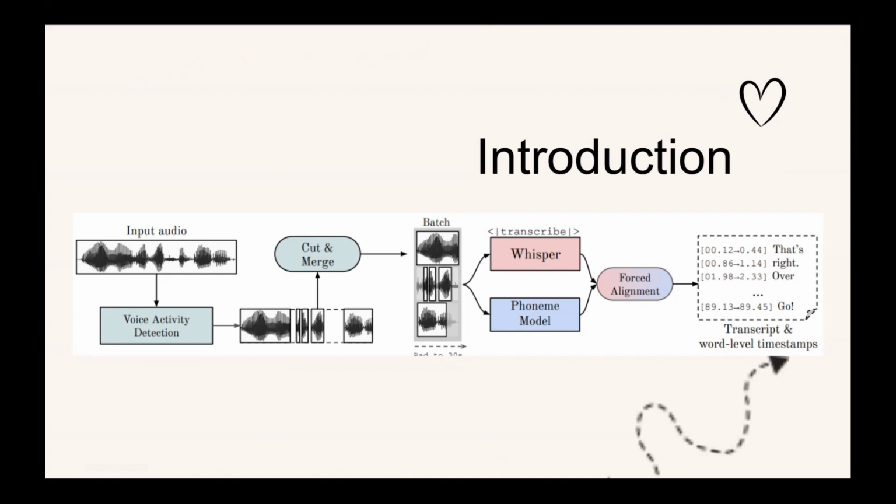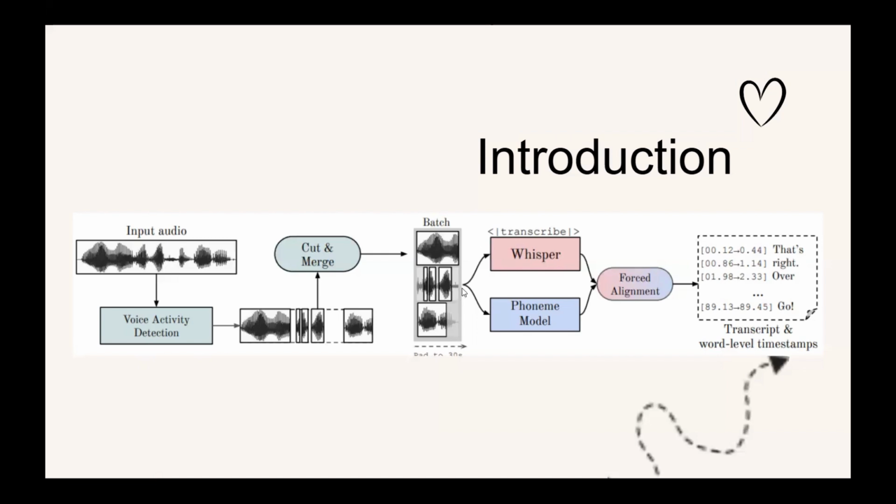WhisperX has the capability to identify small-frequency noise as well as silence, when there is no signal, when there is no information. So it detects the voice activity, and with the help of the waveform, it performs cut and merge, removes the silence automatically, and then makes it into batches. These batches are transmitted to Whisper, which will transcribe them.